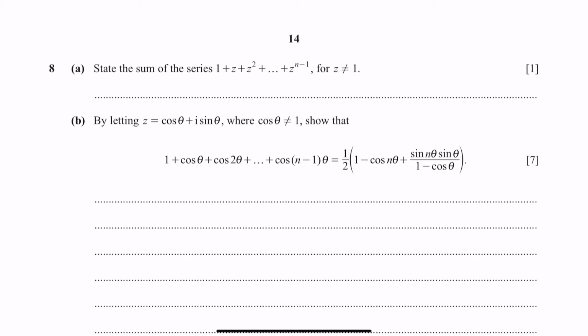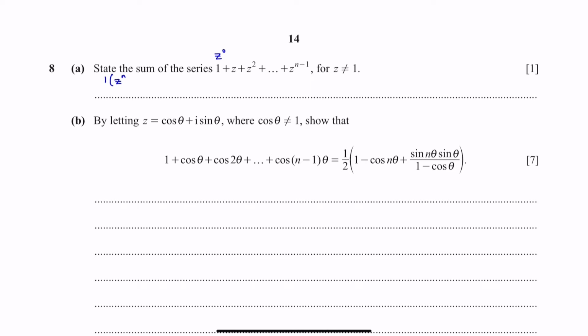For question 8a, we need to state the sum of the series 1 plus z plus z squared, all the way to z to the n minus 1. So it would be the first term times the ratio to the power of the number of terms, which is n. Take note that the number of terms is n, but not n minus 1, because this starts from z to the 0.